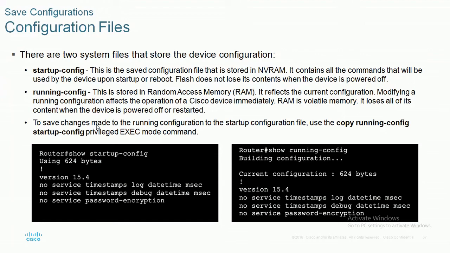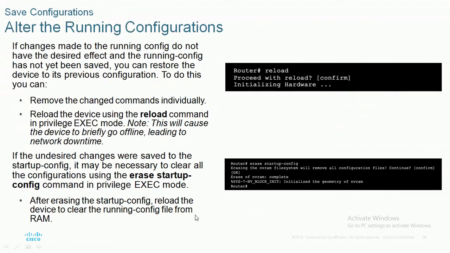So before you power off your switch, or before leaving your workplace, you compulsorily need to save all these configurations from RAM to NVRAM. That is nothing but running configuration to startup configuration. So the command is copy running config to startup config. Okay, I will show you. See here, or you can apply the WR command, that is the write command.